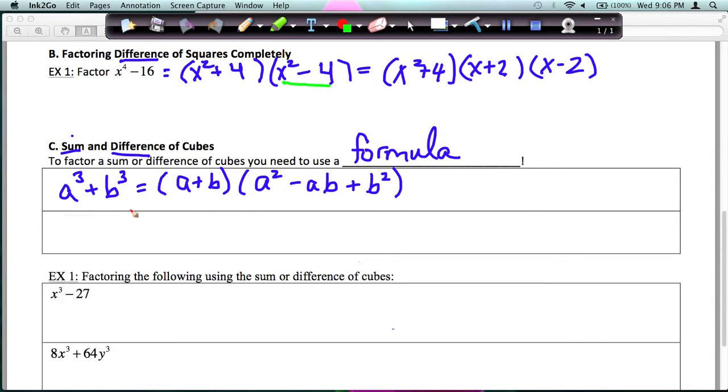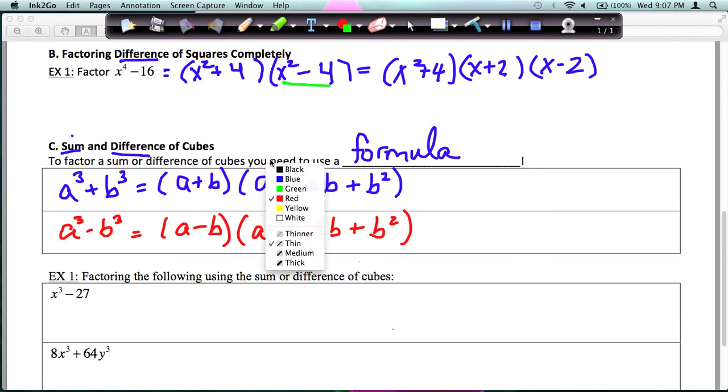Okay, for the difference of cubes, everything's going to be the same except for where the negative sign is. So it would be a minus b instead of a plus b, and then it would be a squared plus a times b plus b squared. So that's all that changes, is where that negative sign is. So for plus, you start with a plus. For minus, you start with a minus.